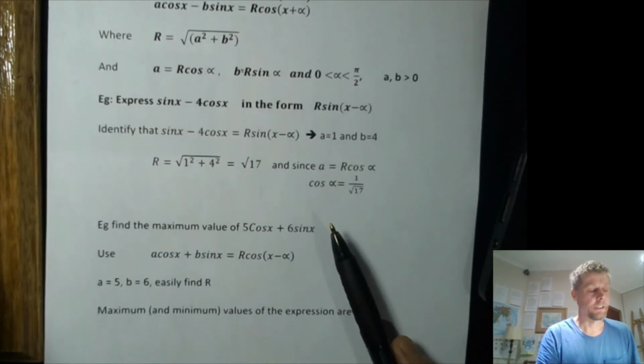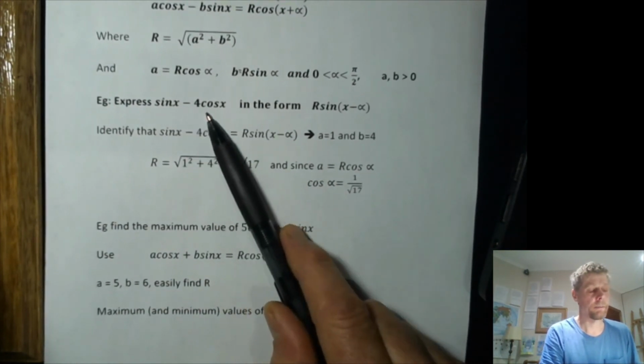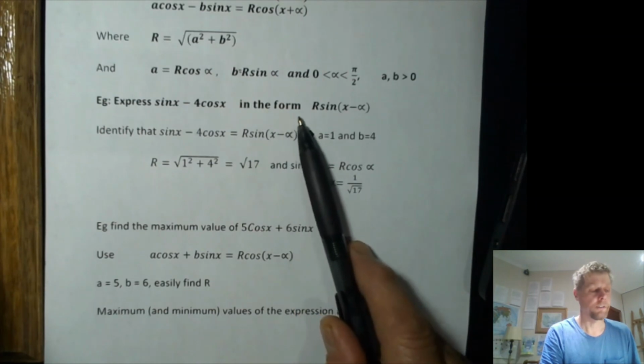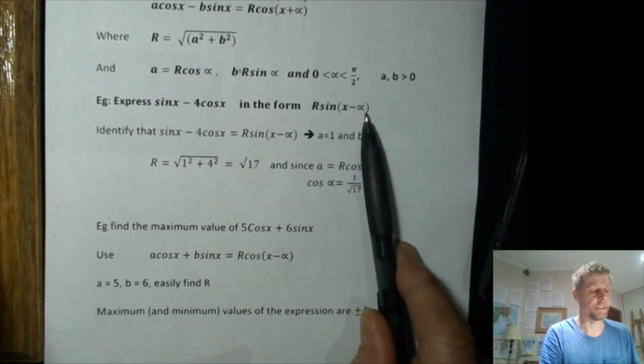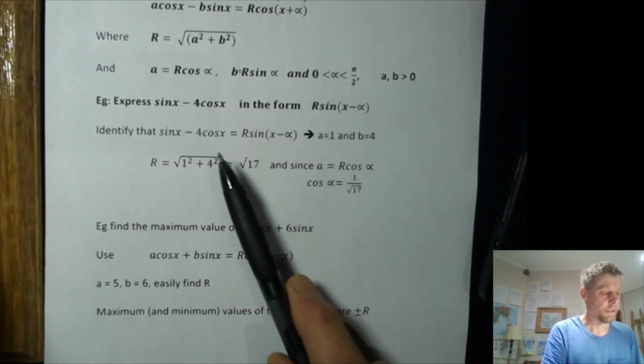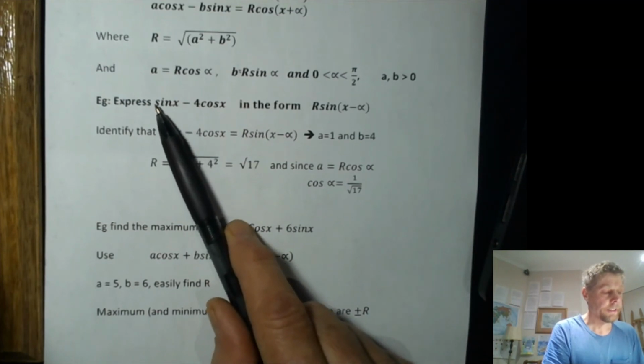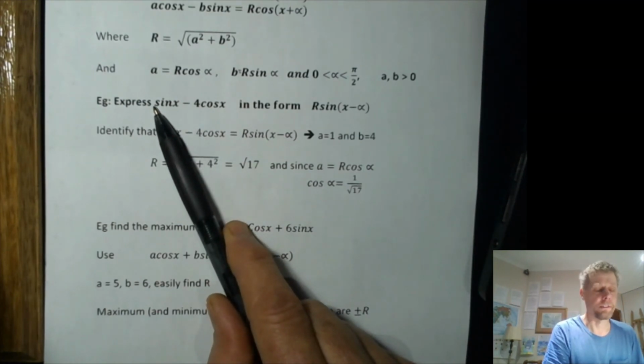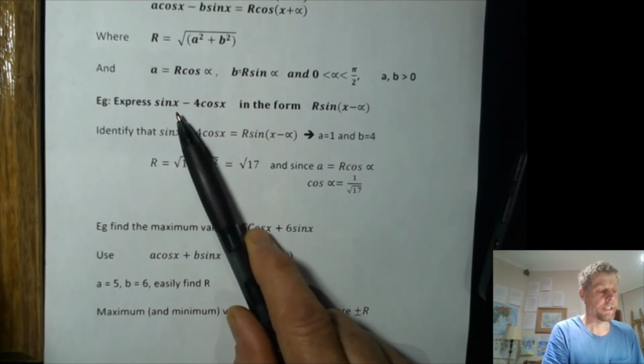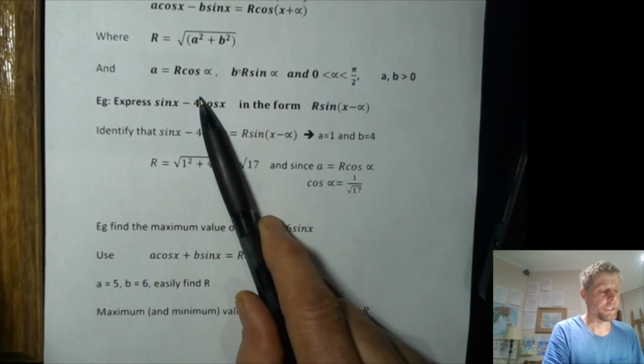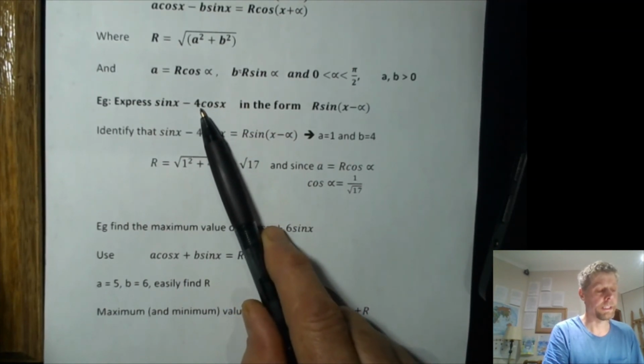So there's an example here. Express sine x minus 4 cos x in the form r sine x minus alpha. Okay, so we identify that a is 1, the coefficient of sine x is 1, and b is not minus 4, because we said a and b must be positive.